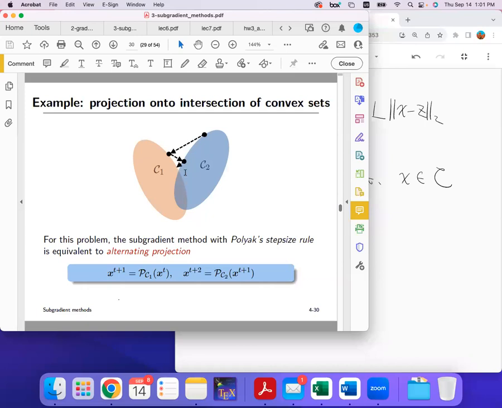And eventually it will converge to a point in the intersection. Okay. So this is a classic alternating projection algorithm, but it turns out that this algorithm can be understood as the subgradient method with Polyak's step size rule. So we will show how we can get to this algorithm by starting from the subgradient method.